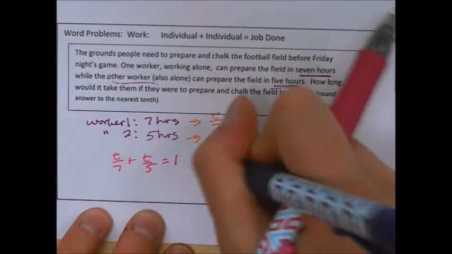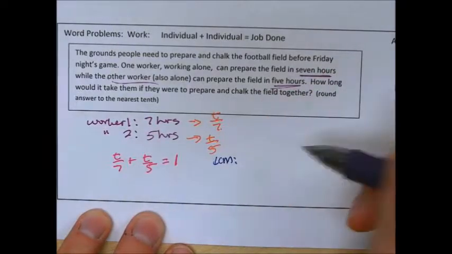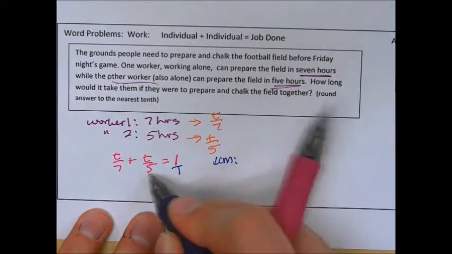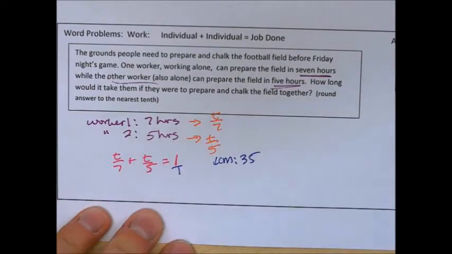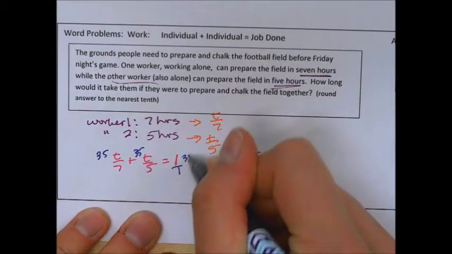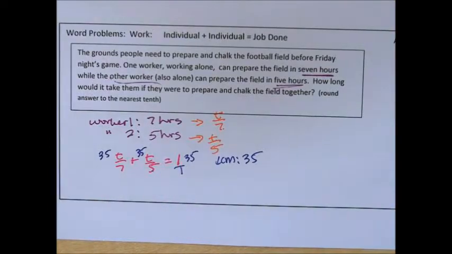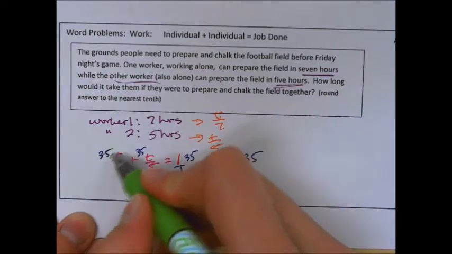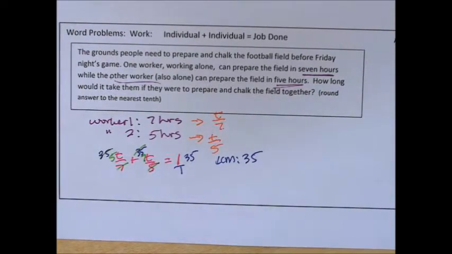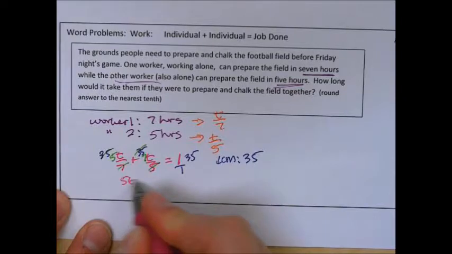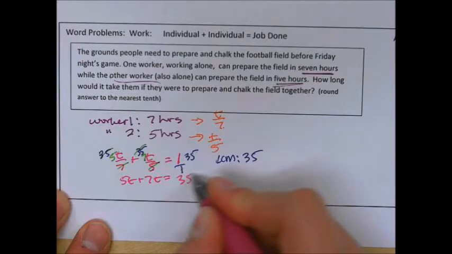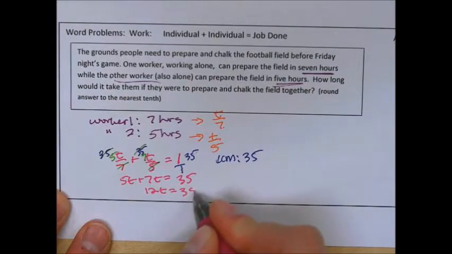We need to find our LCM. This is over 1. We need to find our LCM of 5 and 7, so that's 35. So I'm going to multiply all of these by 35. 7 and 35, that's going to give me a 5. 5 and 35, that's going to give me a 7. 5t plus 7t equals, nothing here, so 35 times 1 is 35. 12t equals 35.